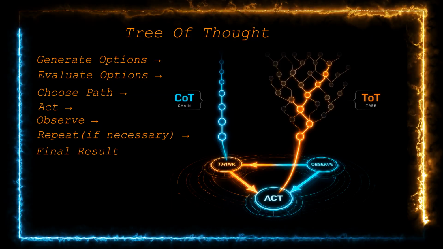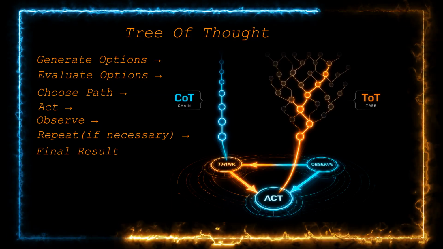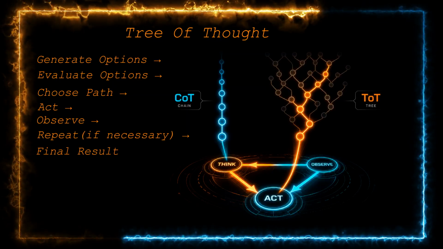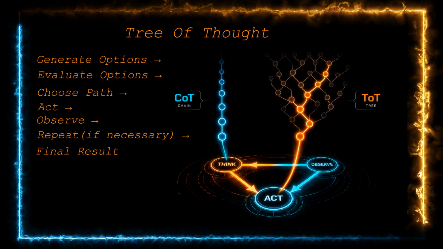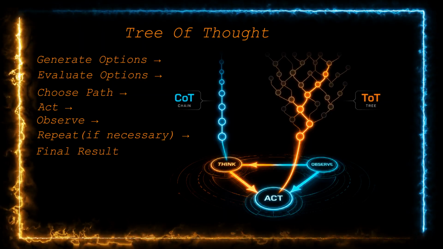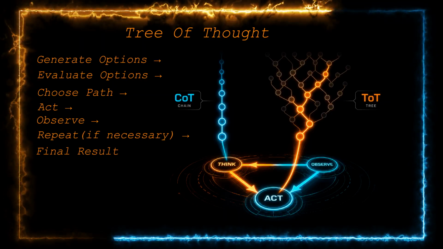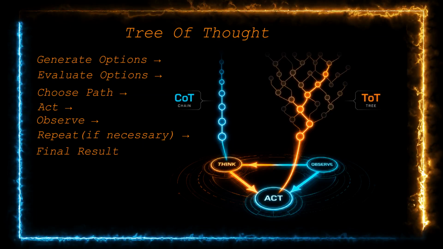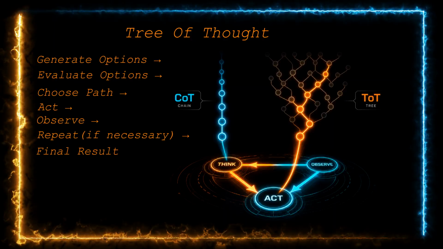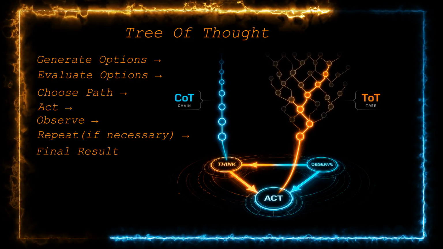For example, if an agent is debugging a production issue, there may be several possible causes: database problem, API problem, deployment problem, cache problem, or bad input. A normal ReAct agent may follow one path. A tree of thought agent can compare several paths before acting.